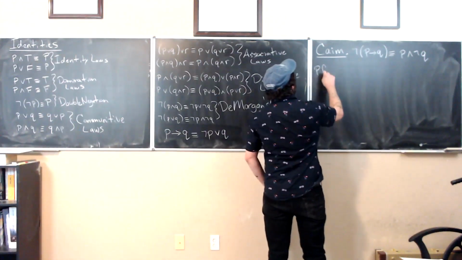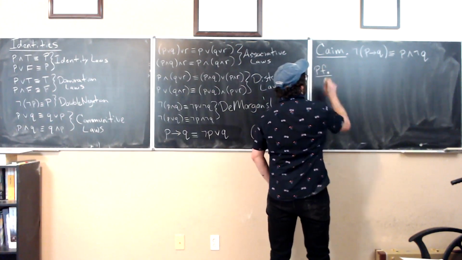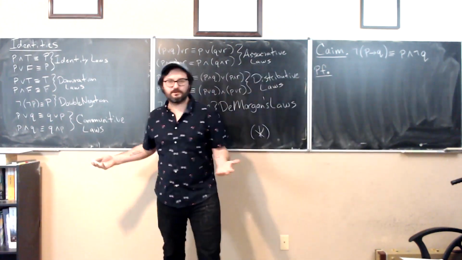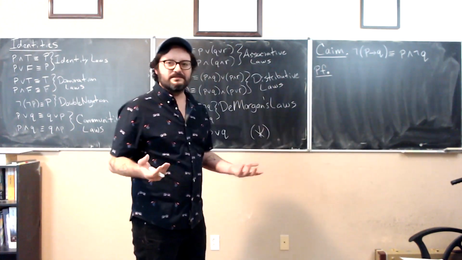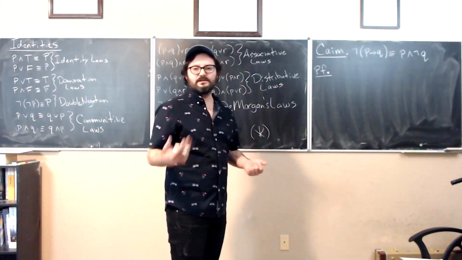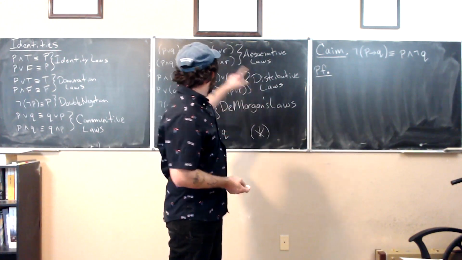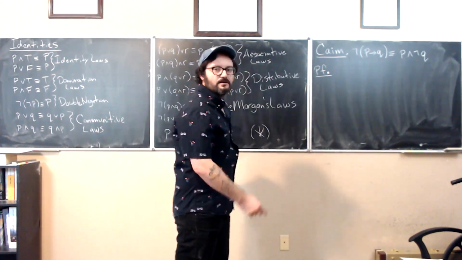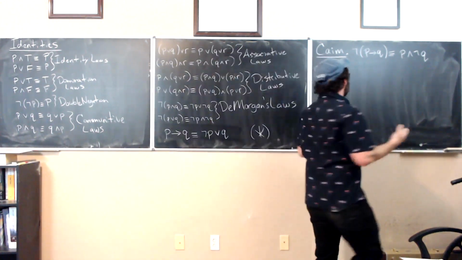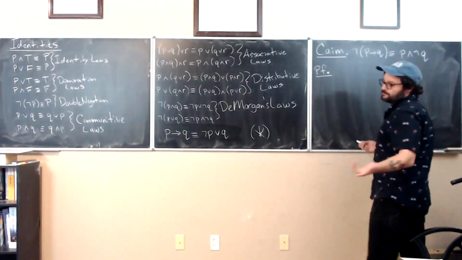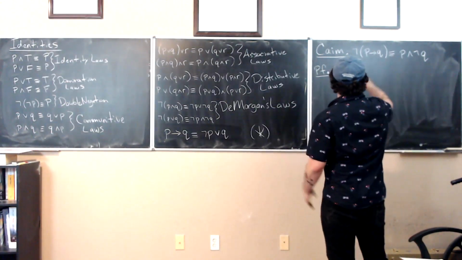Well, we could use a truth table. There's nothing wrong with that, except it's kind of ugly and it's enumerative. It doesn't tell me anything. With this, we could use some of these laws to derive it. And that's what we're going to do. So we can start on either side.